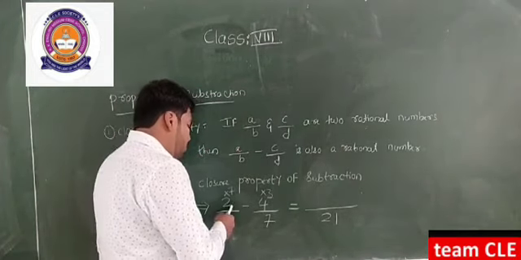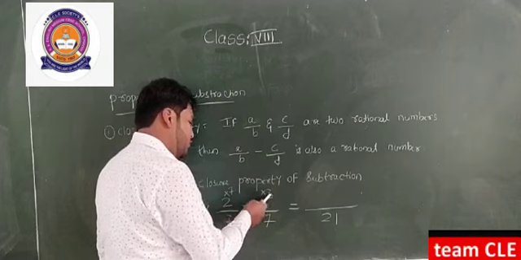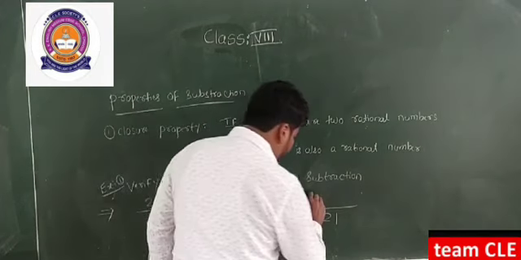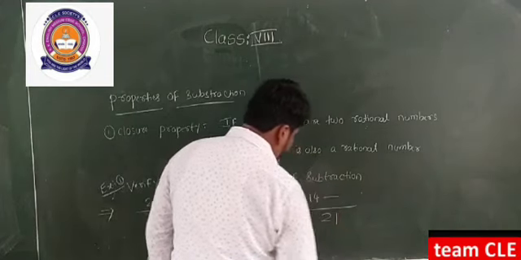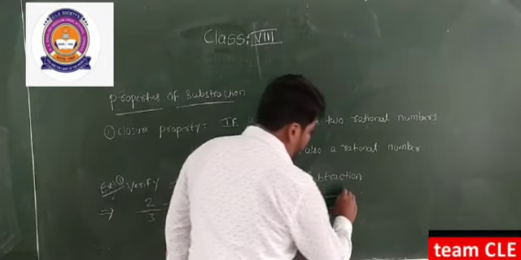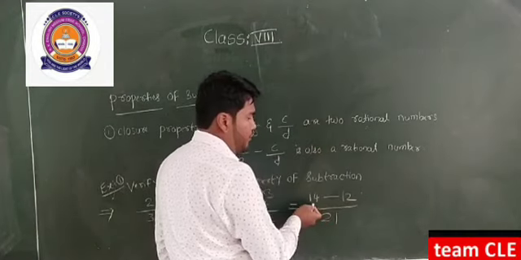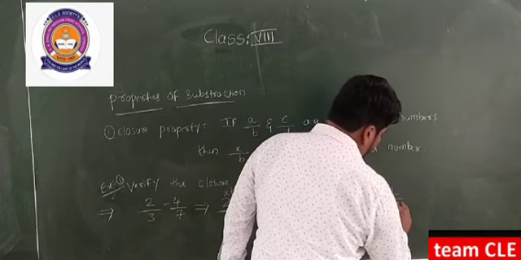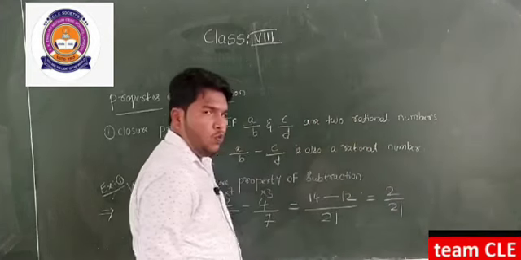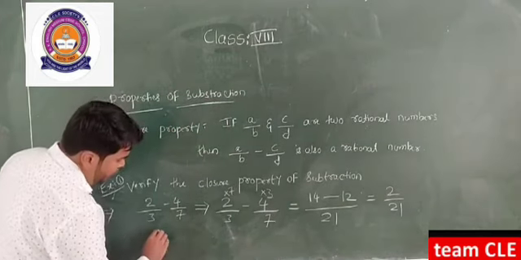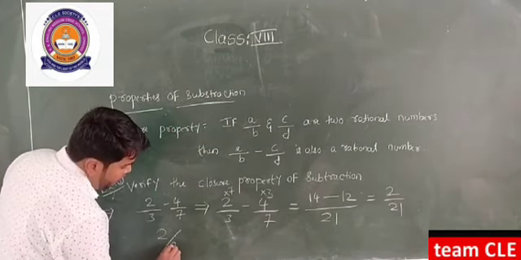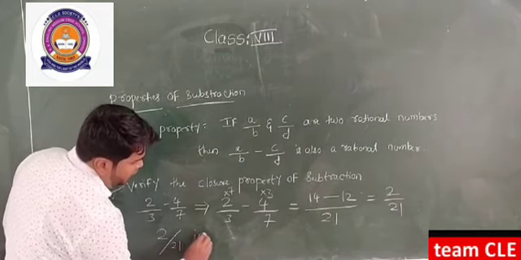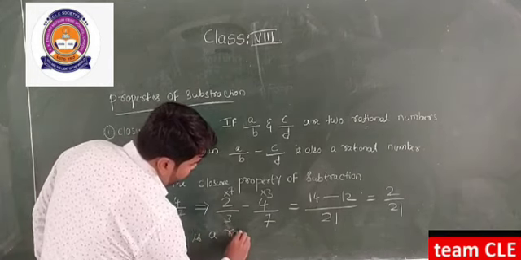Now multiply the numerators: 7 2s are 14 minus 4 3s are 12. So 14 minus 12 equals 2, giving 2 by 21. So 2 by 21 is a rational number.